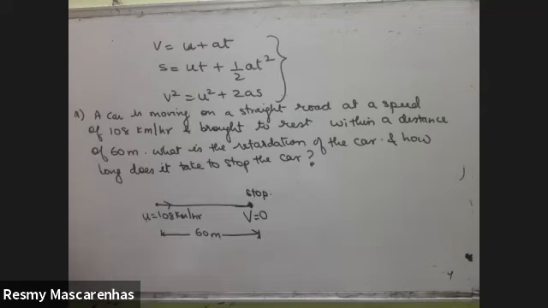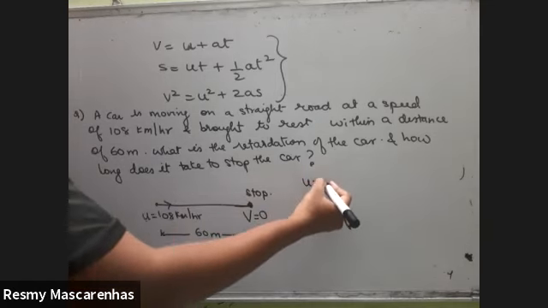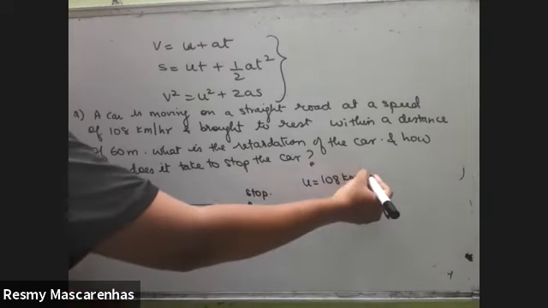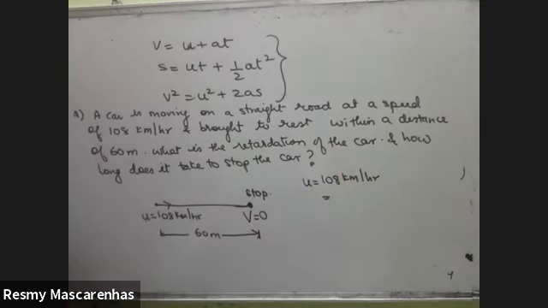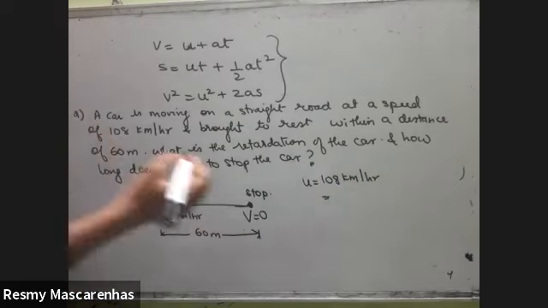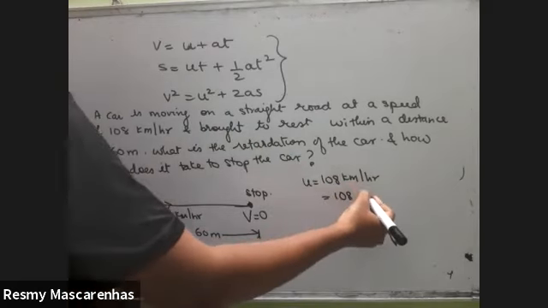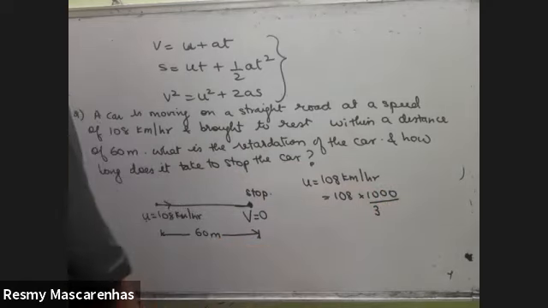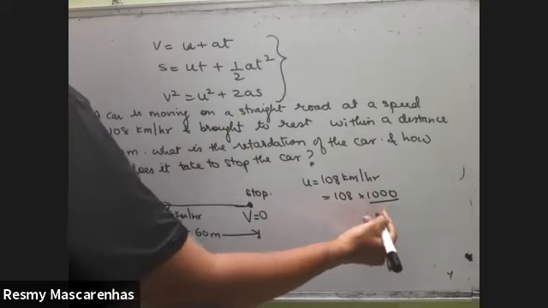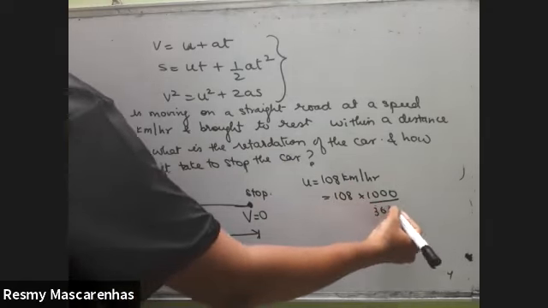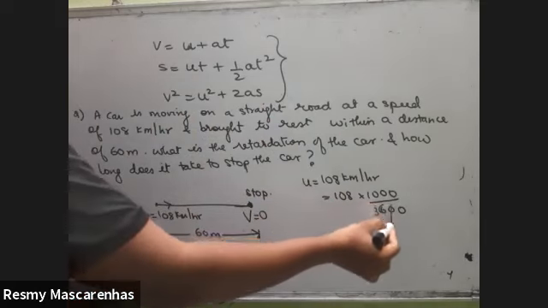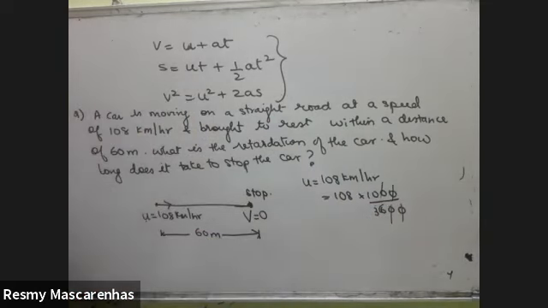Now that U is given to you in kilometers per hour, always convert it first into meters per second. This I told you is fixed: kilometer means always 1000 and hours means always 60 into 60. That could be 3600 if you are writing, or you can keep it as 60 into 60 also, no problem. And then calculate.